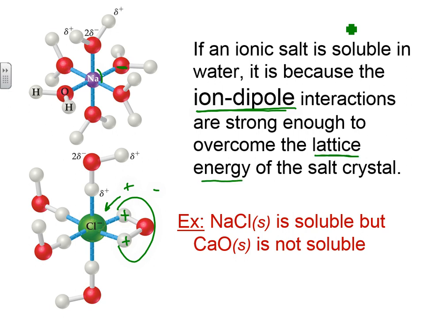Remember, the sodium chloride bond had a lattice energy which had to be overcome in order for it to break apart. The lattice energy is a pretty strong bond, and water is able to overcome it. And this explains why some substances are soluble, others are not. So sodium chloride, for example, is soluble because the ions being +1 and -1 aren't as strongly attracted as calcium oxide, which is +2 and -2.